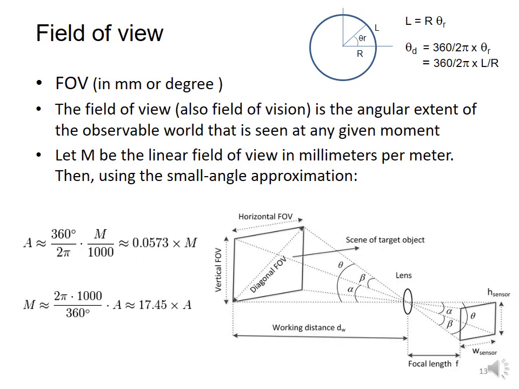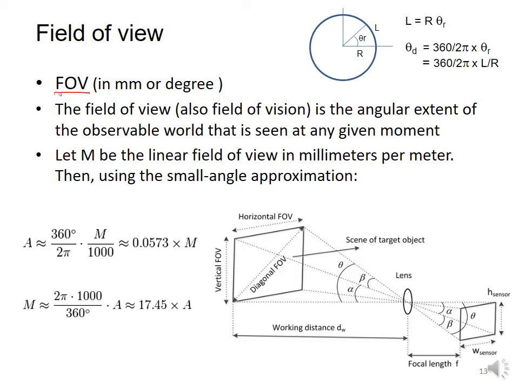Another word you will meet in the computer vision field is field of view. Field of view is the angular extent of the observable world that is seen at any given moment. We write FOV in short.